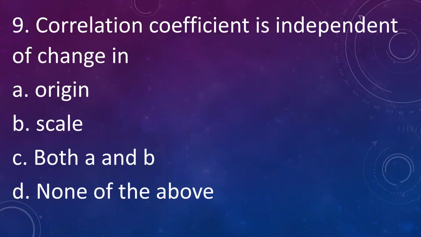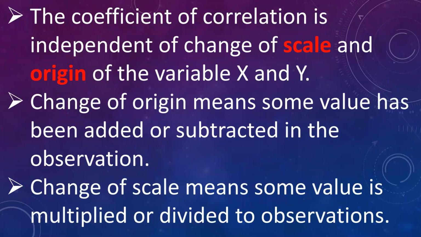Now correlation coefficient is independent of change in A. Origin, B. Scale, C. Both A and B, D. None of the above. Answer is both A and B. The correlation coefficient is independent of change in both origin as well as scale. Now here origin means when some value is added or subtracted in the observation, here correlation coefficient will not change.